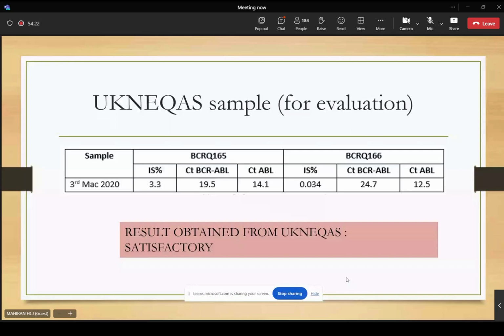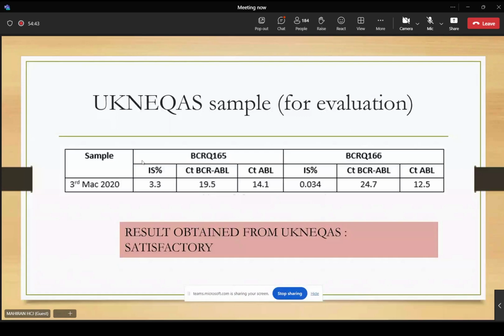Okay, seterusnya eukenika sample for evaluation. So eukenika sample ni diterima okay, so untuk eukenika sample for evaluation, kita boleh tengok dekat sini IS percentage 3.3. Dia ada 2 sampel lah untuk eukenika, 165 dengan 166.